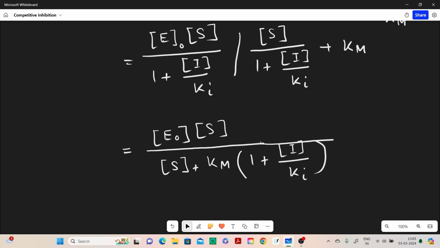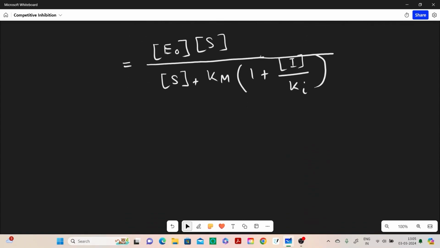Okay, now as we know, the rate of formation of the product is equal to the change in the product concentration over time, which is equal to K2 into ES.